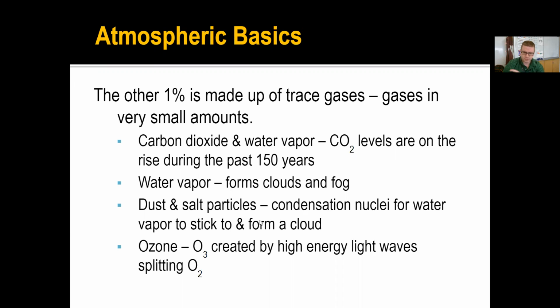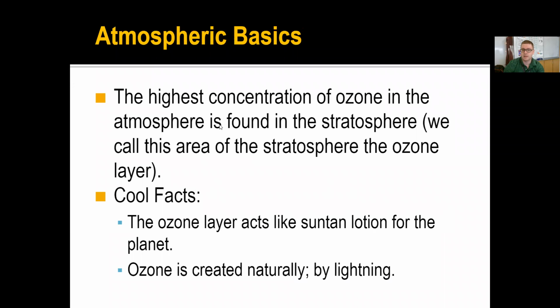In this section, we'll focus more on ozone and how that's important in our atmosphere and what that does for us. Now, the highest concentration of ozone is found in the stratosphere. And you might have heard this term. That part of the stratosphere is called the ozone layer, and it acts like a natural suntan lotion for our planet.